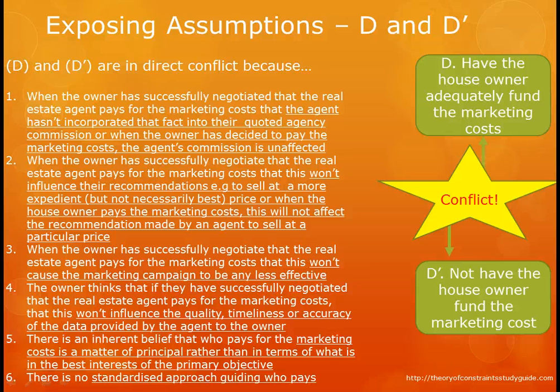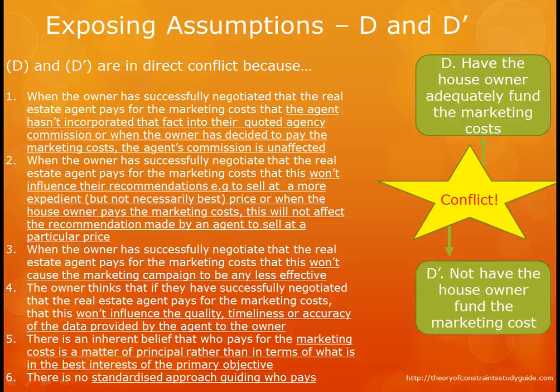And similarly, when we get to assumption 2, the first approach is that when the owner has successfully negotiated that the real estate agent pays for the marketing costs, this won't influence the recommendations by the agent, i.e. to sell at a more expedient but not necessarily best price.